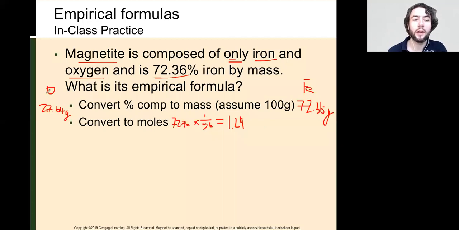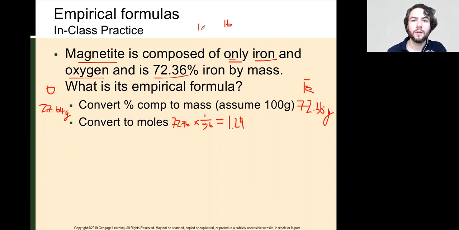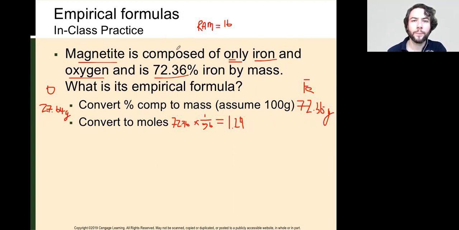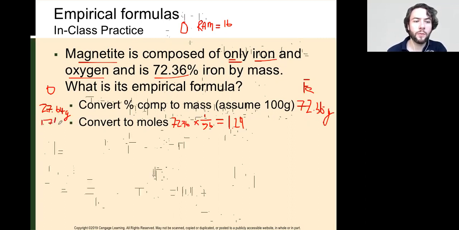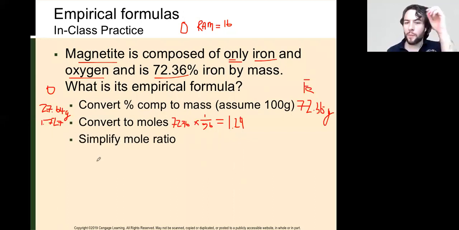Similar to this. Oxygen is 16 RAM. 1.727. Okay, that seems about right. 1.727 moles of oxygen.